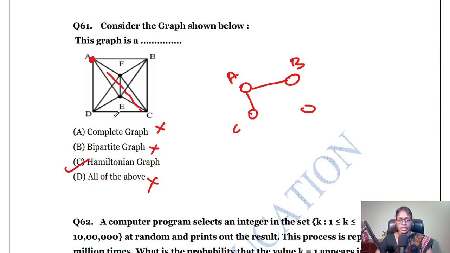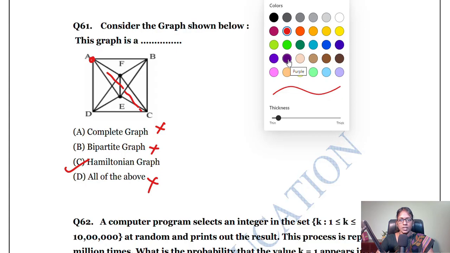To find out whether the given graph is a bipartite graph or not, we have to give 2 colors. I am taking now green. This is red, right?